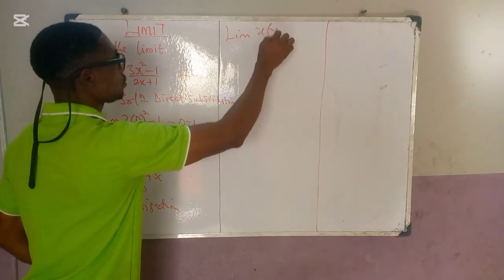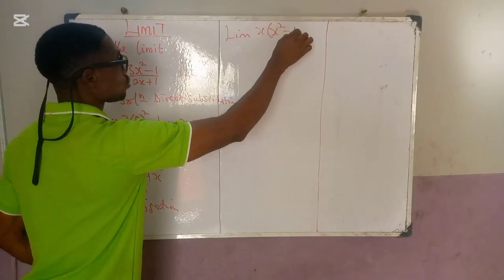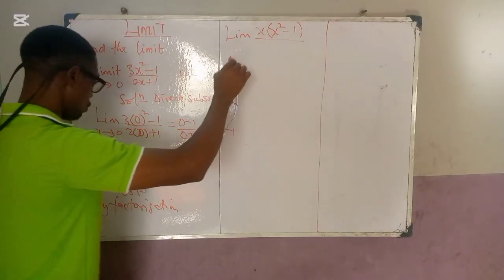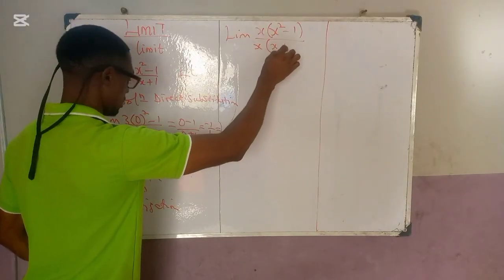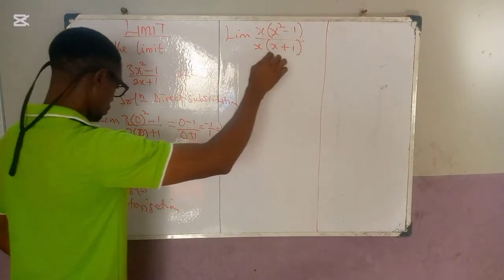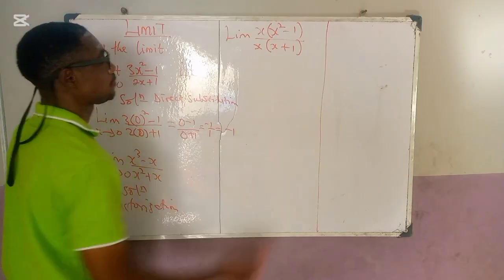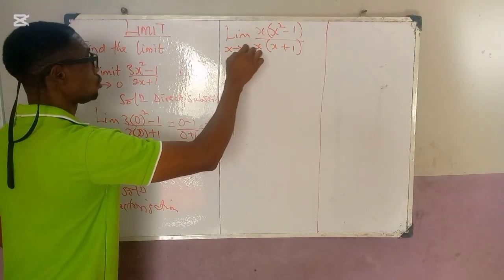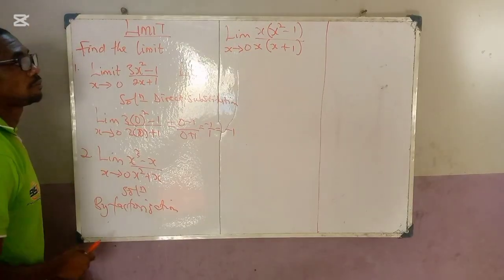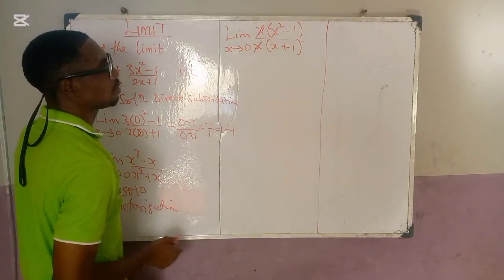Bring that x out. This becomes x(x^2 - 1) over, you also factor out, x(x + 1). Now look at this, as x tends to 0. This x can take care of this x here.